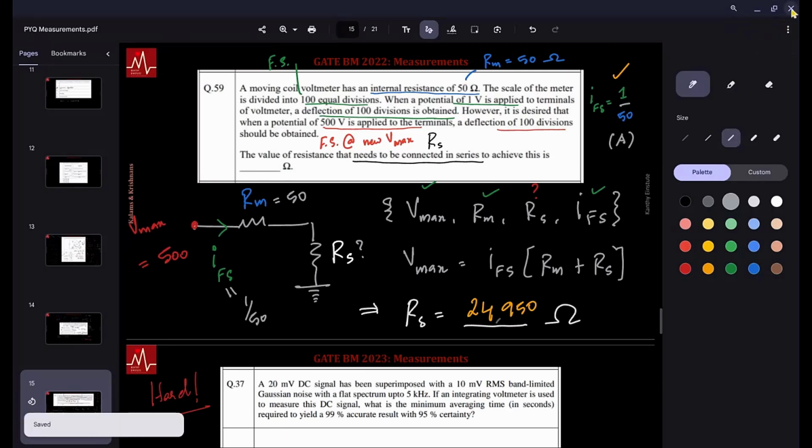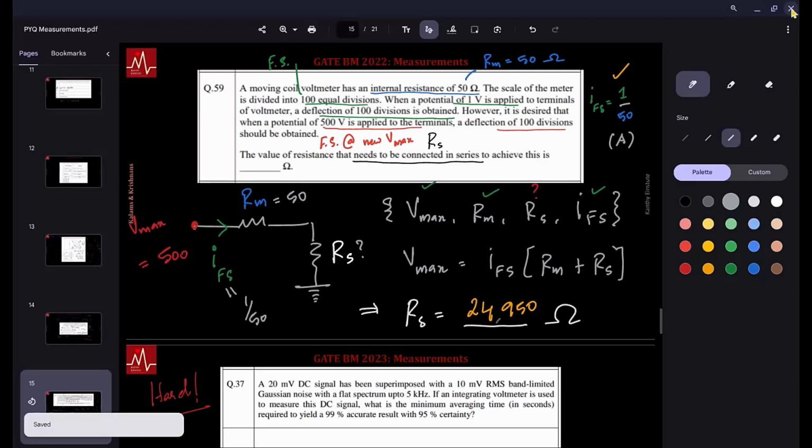What happens in an ammeter? The meter that you use is essentially the same. This is the D'Arsonval meter. But how you use it is different. Now full scale current, the deflection is maximum, but whether it measures voltage or current is different.